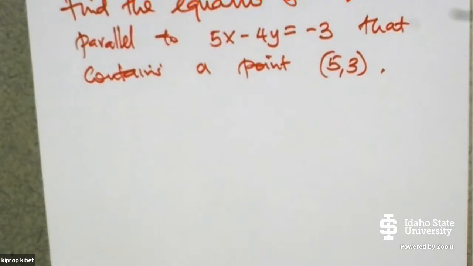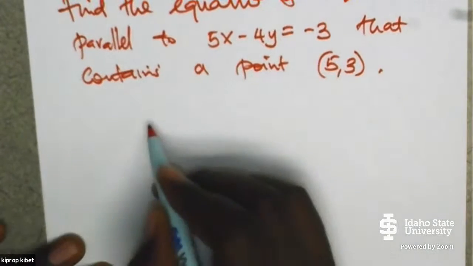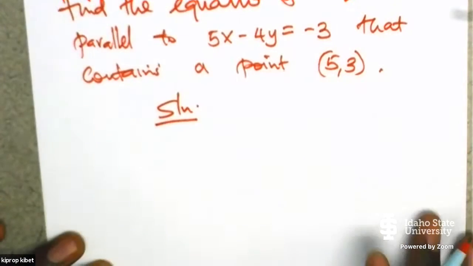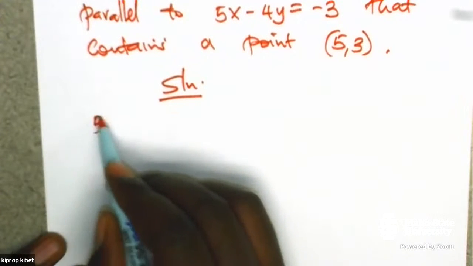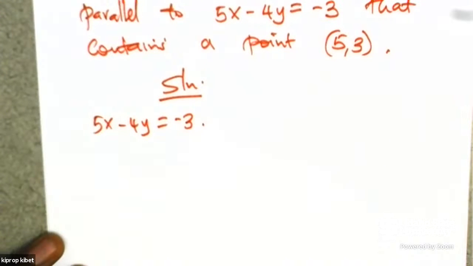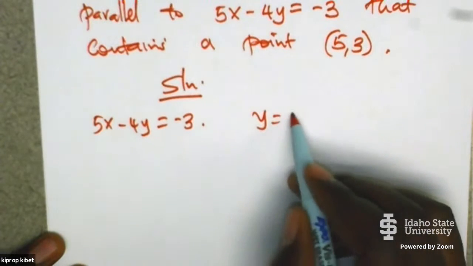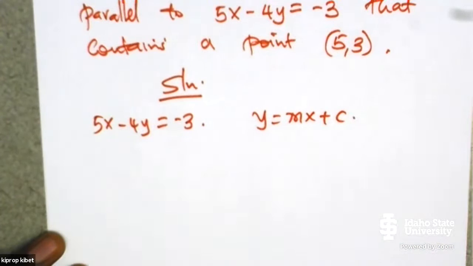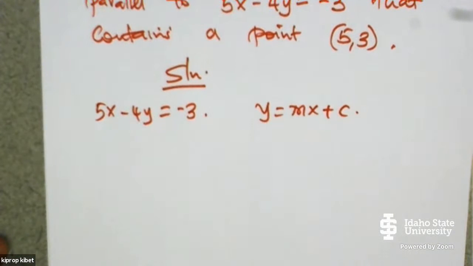The line parallel to that contains the point (5, 3). So we have the point x1, and solution. Our equation is 5x minus 4y equals minus 3. We need to write this in the form y equals mx plus c, or plus b.